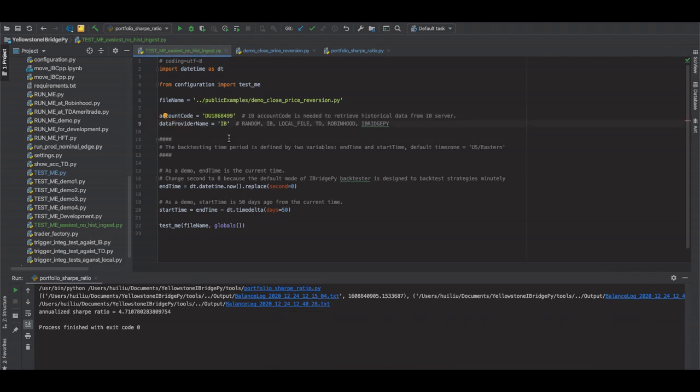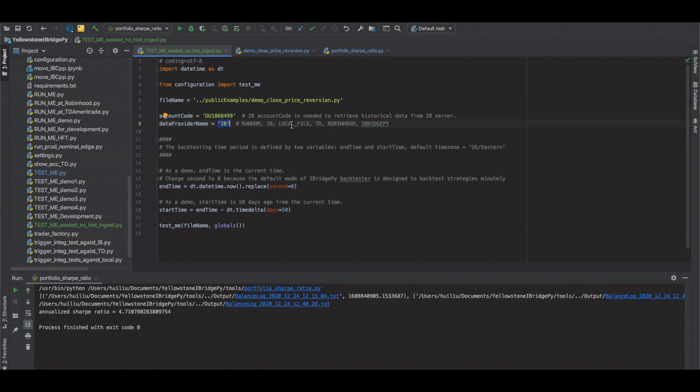Then the next line is a reserved word in IBridgePy, which is called data provider name. We put a string IB, which means IBridgePy's backtester is connected to the Interactive Brokers data center, and then we can retrieve historical data from there. However, IBridgePy is able to get connected to different data providers. For example, TD Ameritrade, Robinhood.